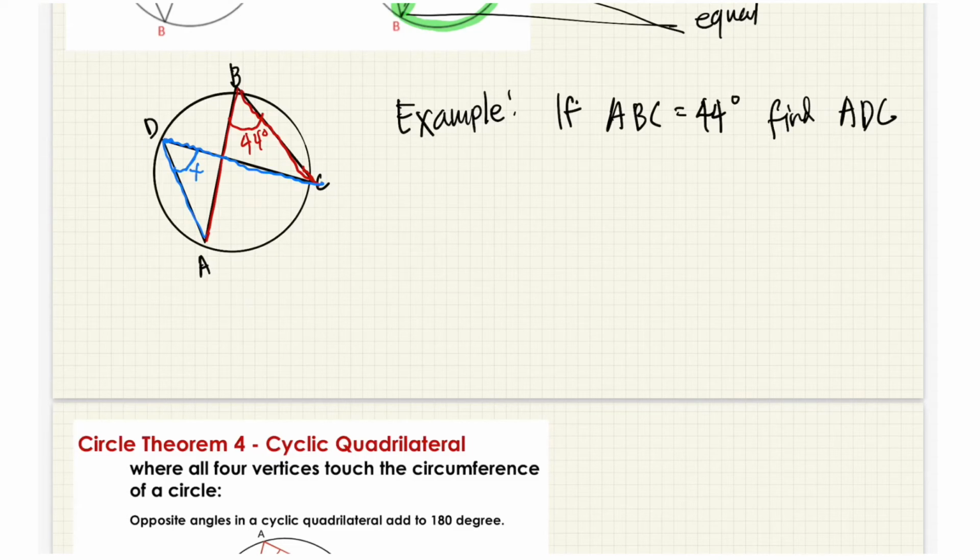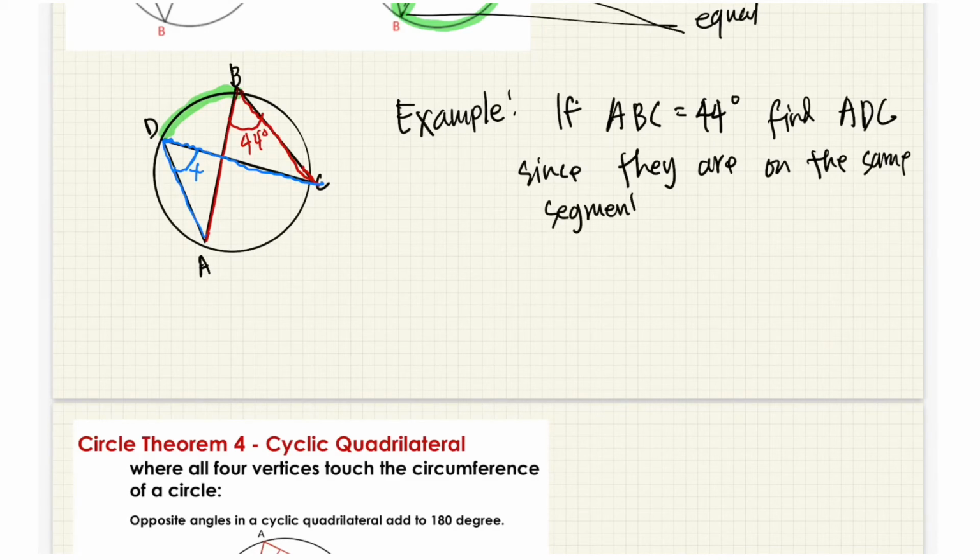Now, since they are on the same segment, angle ADC is also equal to 44 degrees.